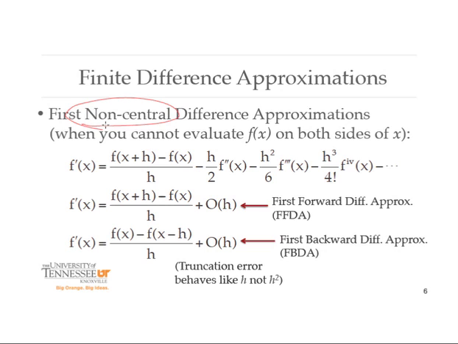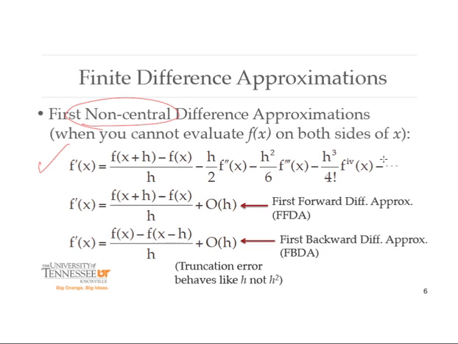So specifically, here's a representation of a non-centered difference approximation where you move a step ahead from where you were at f of x, divide by h, and then here are the rest of the terms that would be left over if you did that. And that's coming directly from Taylor's series.